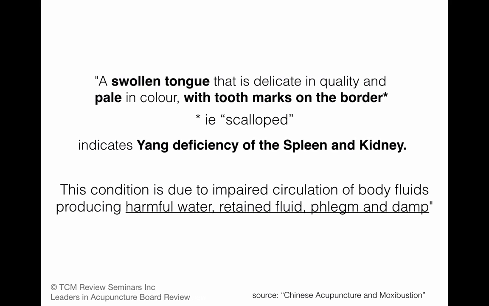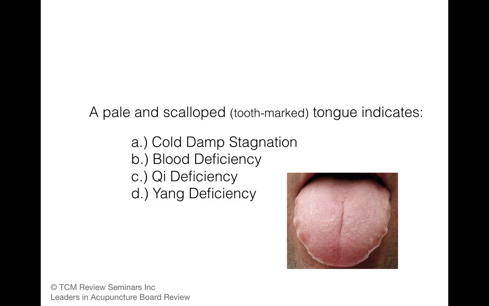However, it's important to remember that the primary diagnosis with a pale and scalloped tongue is yang deficiency of the spleen and kidney. So if we come back to the question, a pale and scalloped or tooth-marked tongue indicates not cold damp stagnation because there's not a thick greasy coat, not blood deficiency because the tongue is not pale and dry, but it's swollen and scalloped, not qi deficiency precisely because it's swollen.